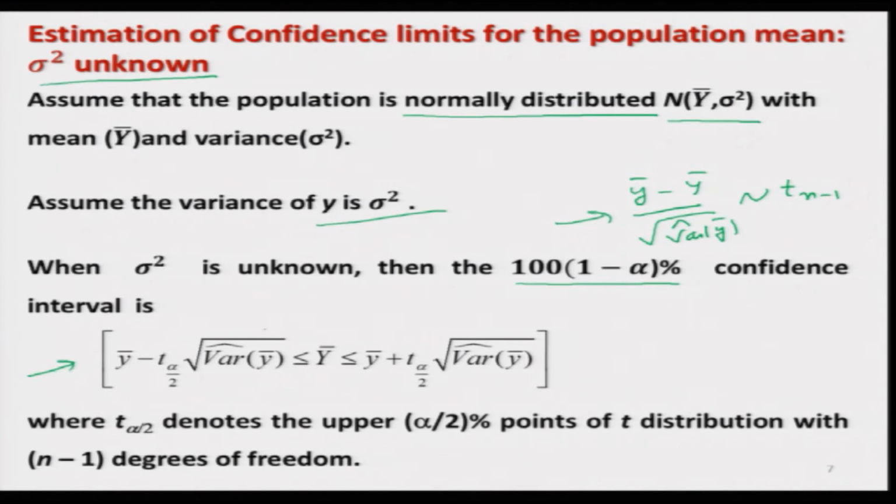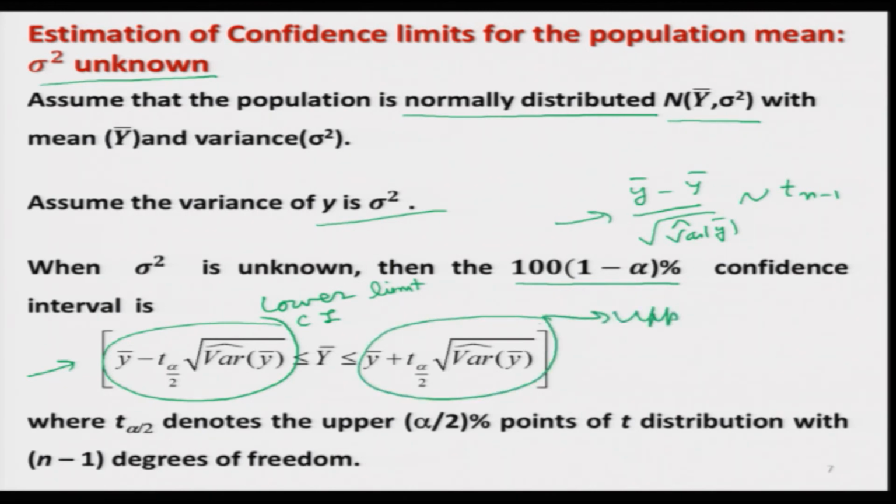Now, you can see here this is the lower limit of the confidence interval, and this is the upper limit of the confidence interval. And this t alpha by 2 indicates the upper alpha by 2 percent points on the t distribution with n minus 1 degrees of freedom.